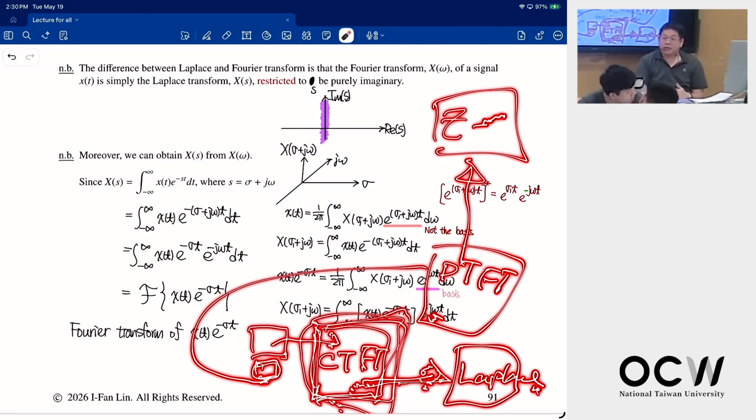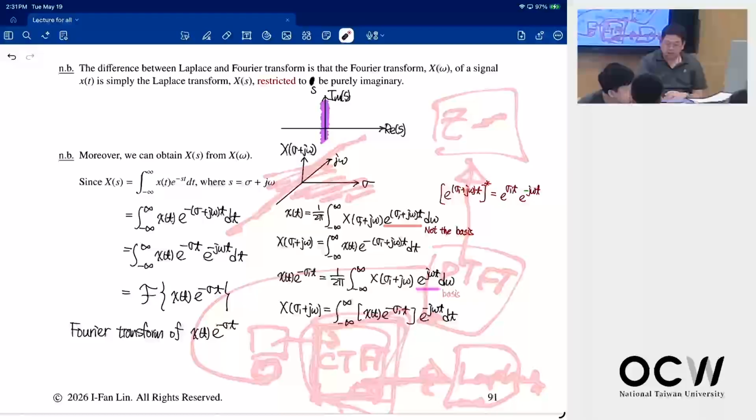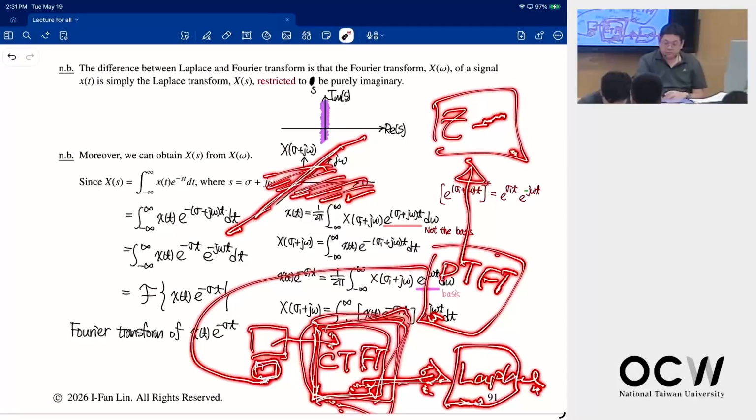Today we will see why we use the Laplace transform, because we can see more system properties, since it is extended to the whole plane, not just the imaginary axis. Similarly, for discrete time signals, I can extend the Fourier transform to the Z transform next week.